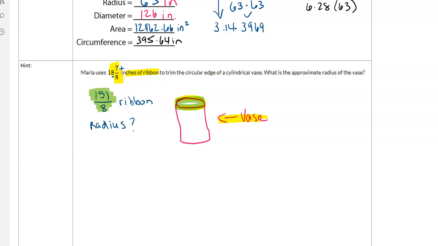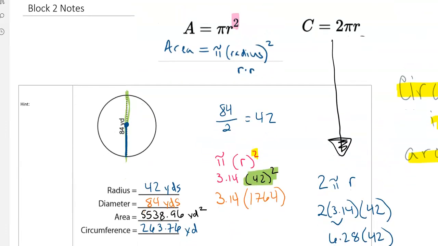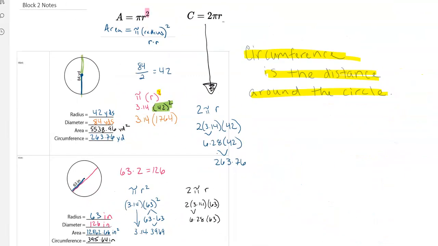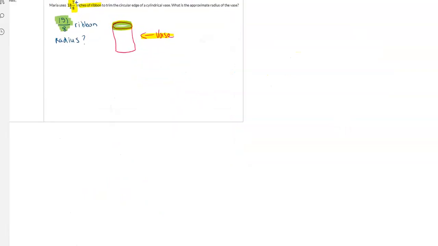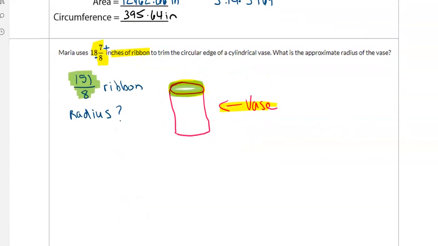So we need to look at what formula talks about going all the way around. Now remember, that is called the circumference. If we go back up to the top, remember, circumference is the distance around the circle. So if I go back here and make this larger, we know that all the way around is 151 over 8.